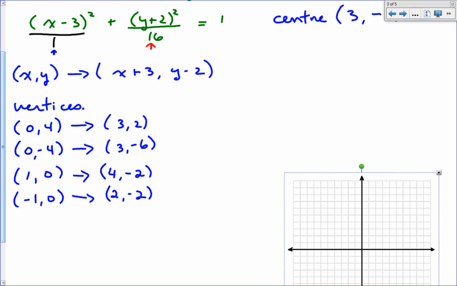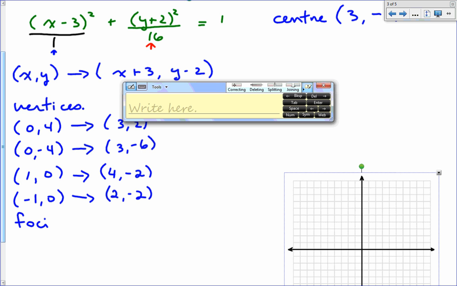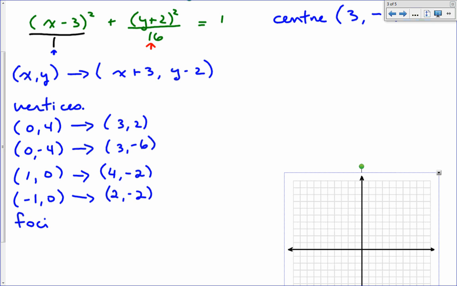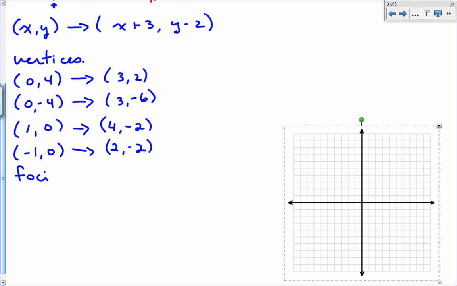And our foci. To do the foci, we need to first of all calculate the value of c. So our c squared, remember, is going to be a squared minus b squared, so it'll be 16 minus 1. So c is going to be plus or minus the square root of 15, which is approximately 3.9.